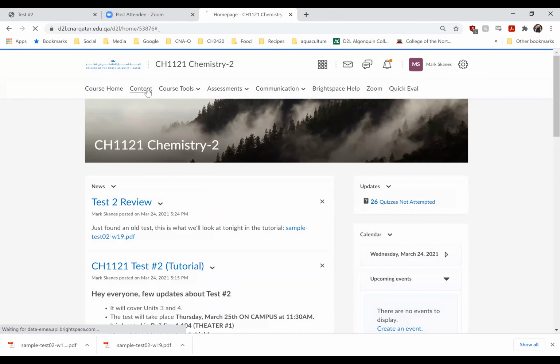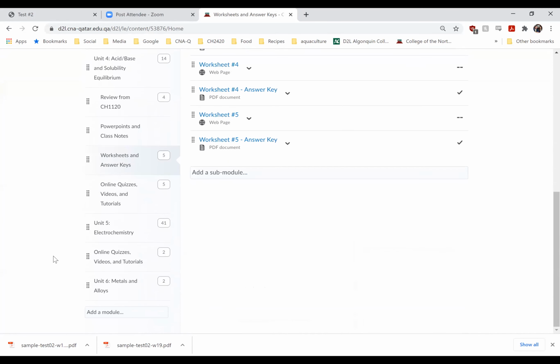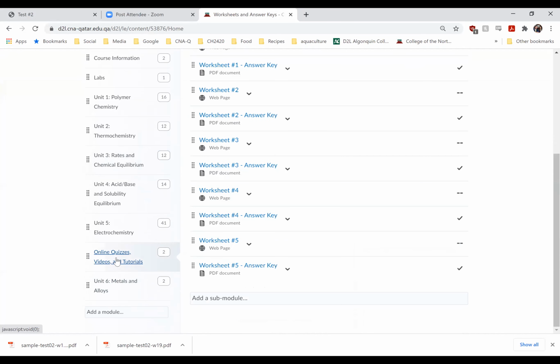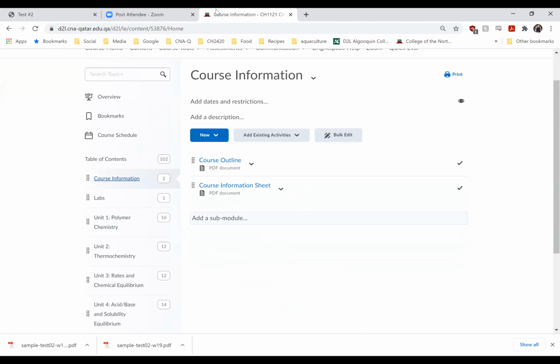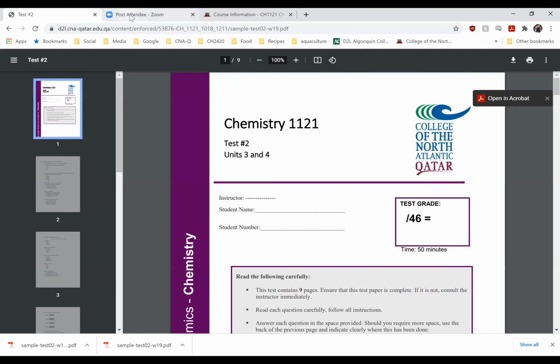If I can't find your data booklet, I will send it to you with the answer key. Yeah, I don't see it in course information. Okay, so I will upload the data booklet, or what I'll probably do is email it to you after this class. All right, let's get started with the sample.